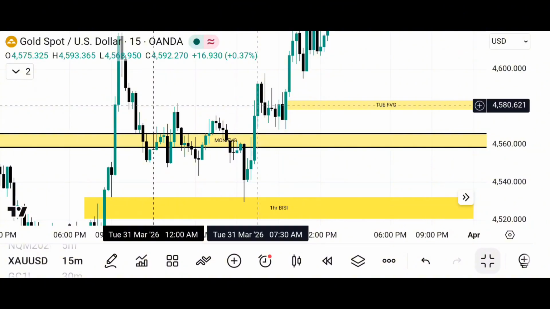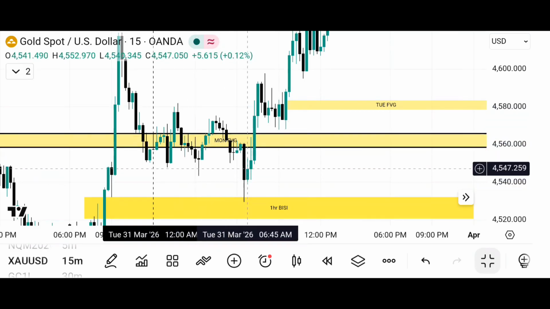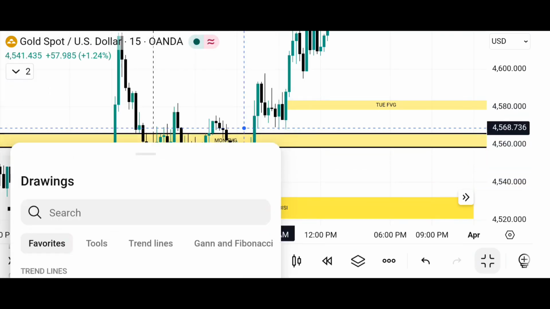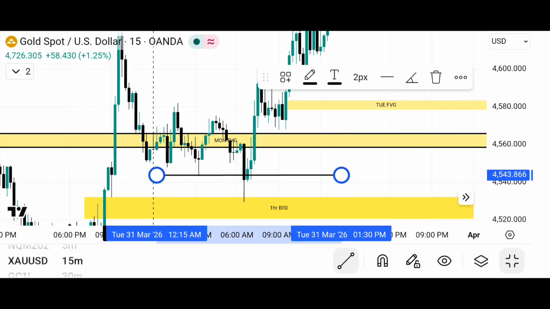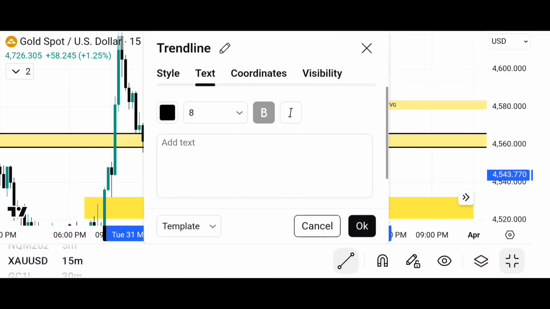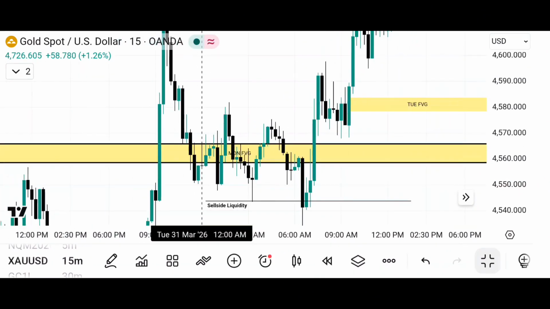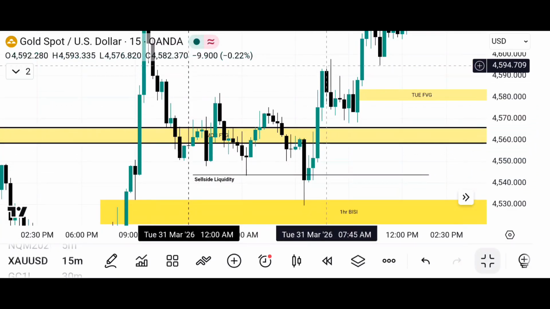So this is a shift in market structure. These lows right here are sell side liquidity being taken out, and you can see this rally up in price.